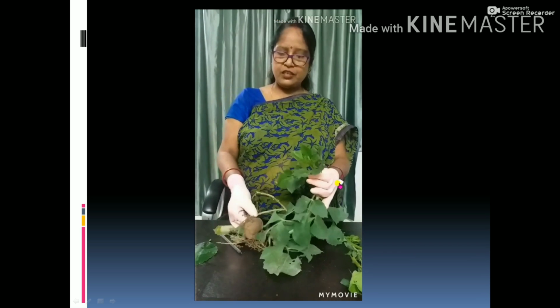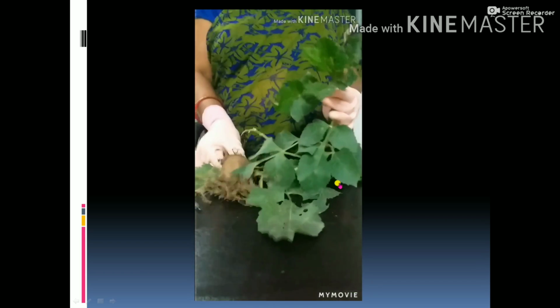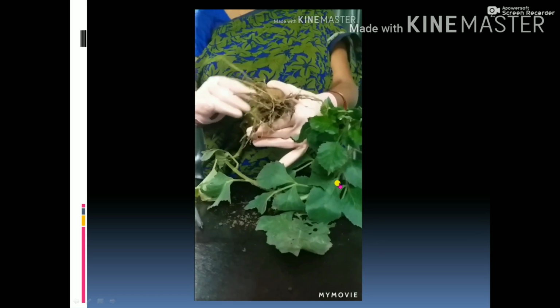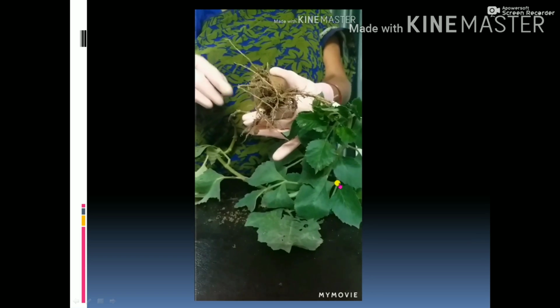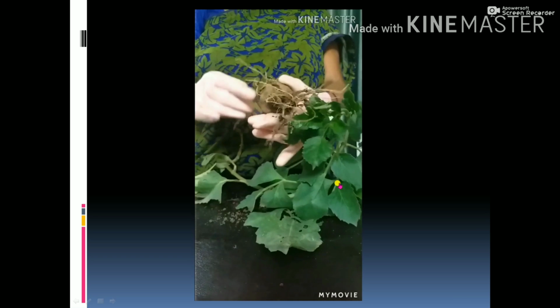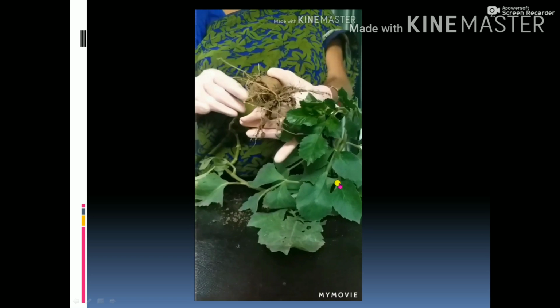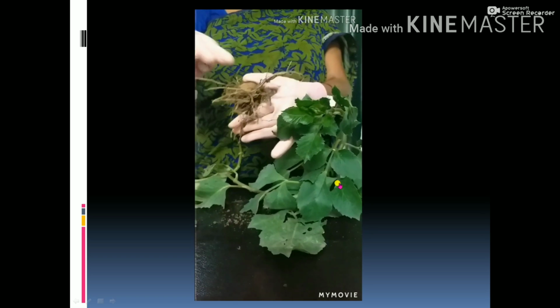So now you see how the swollen structure of the dahlia root is formed, and this will again form another one and that will give another plant. So from the single one many roots will arise and each root will give a new plant.